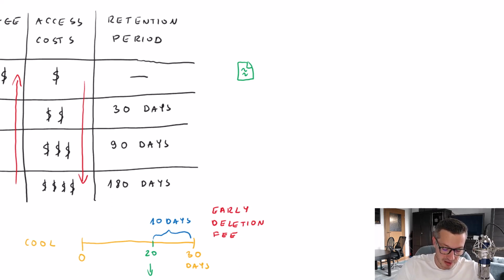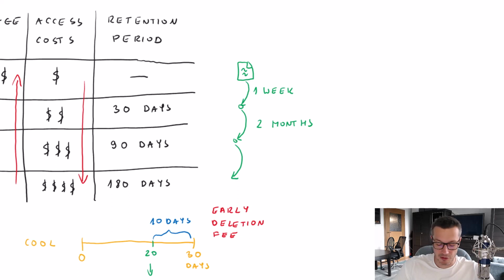But then maybe after, let's say, 1 week, we would like to move it to the cool access tier just to pay less. Then maybe after, let's say, 2 months, you would like to move it to the cold access tier. Again, to save costs.